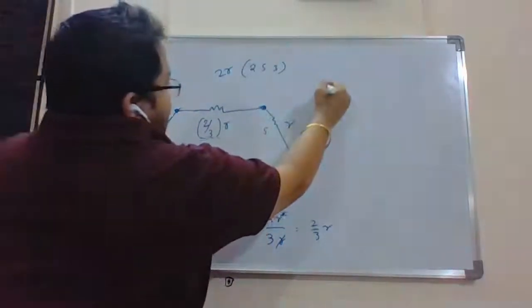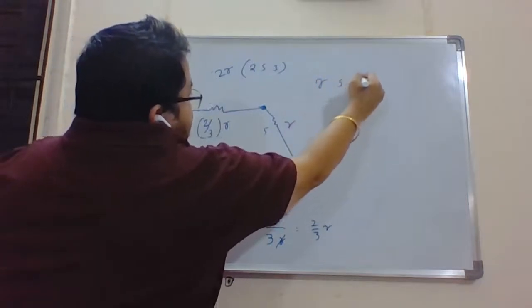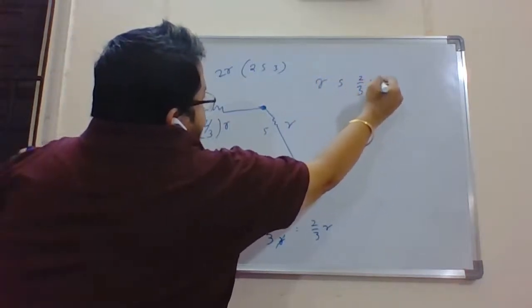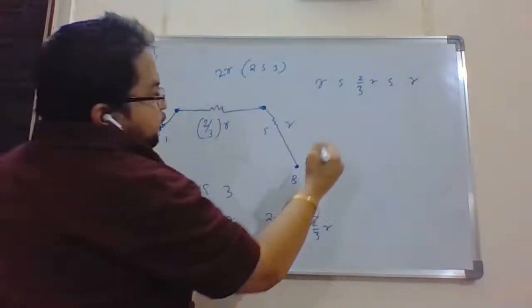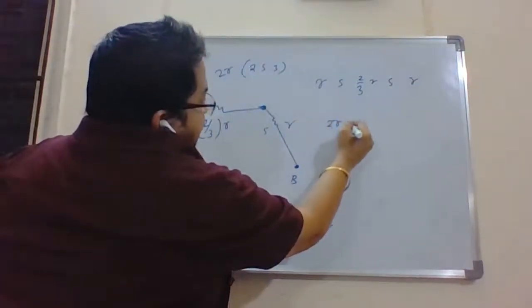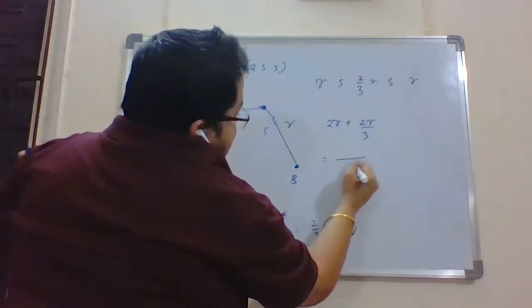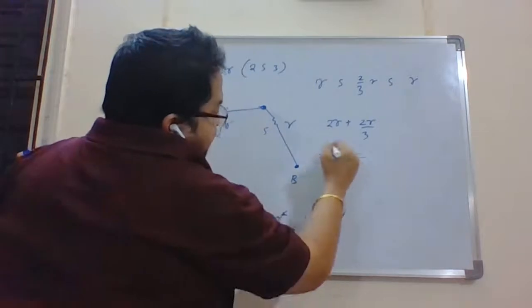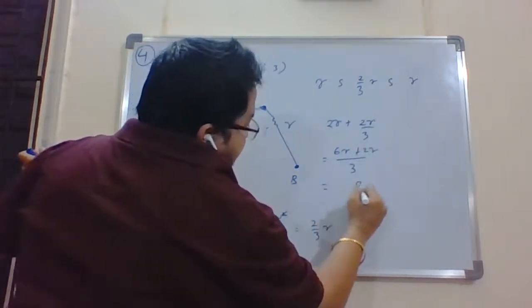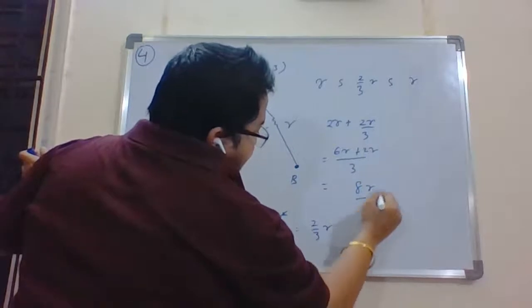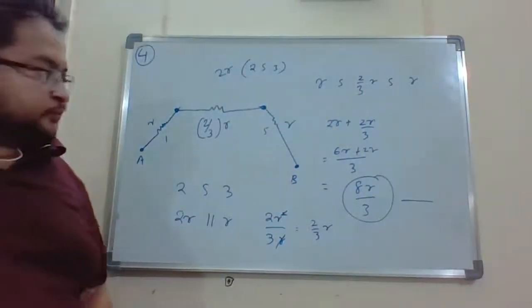So I can say that your R is in series with 2 by 3 R, which is again in series with another R. So which should be nothing but 2R plus 2R by 3. So which is nothing but 3 comes in your LCM, 6R plus 2R, so the answer is 8R by 3, right?